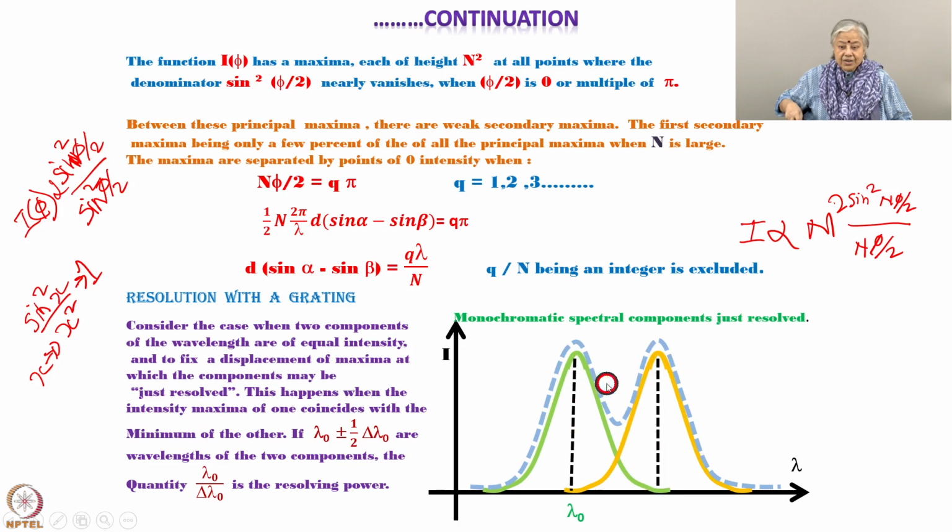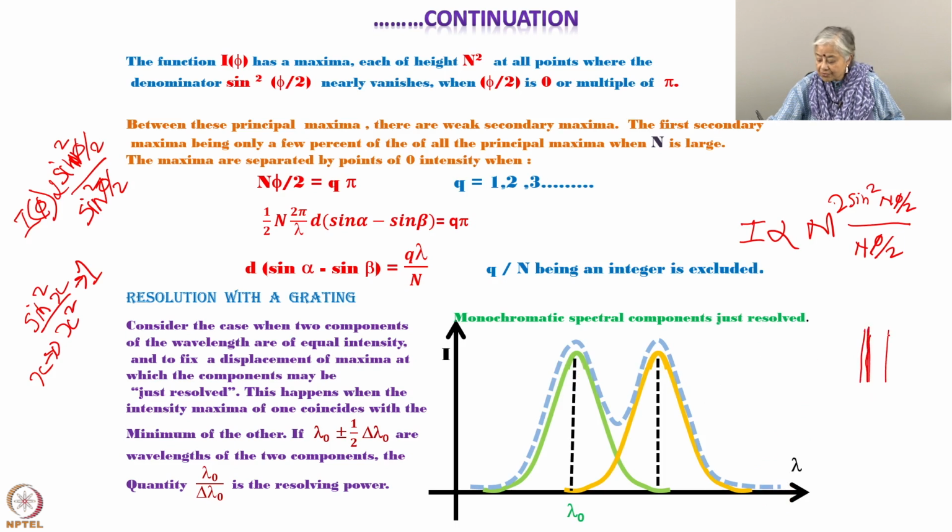Suppose they come very, very close, you won't be able to distinguish them. When do you begin to distinguish these two lines? When you can see one peak here and one peak here, then you will see two distinct lines which are close to each other. You know, if you see it on a screen or something, there are these two lines.